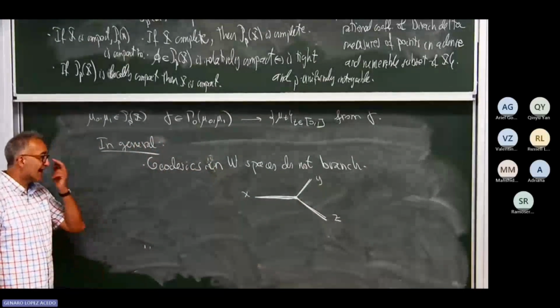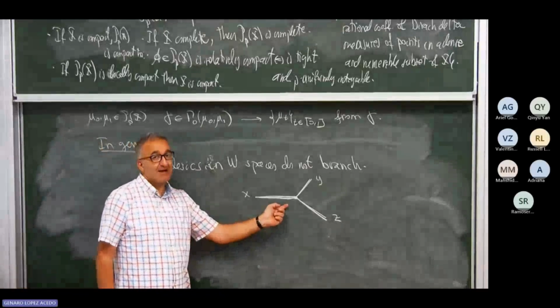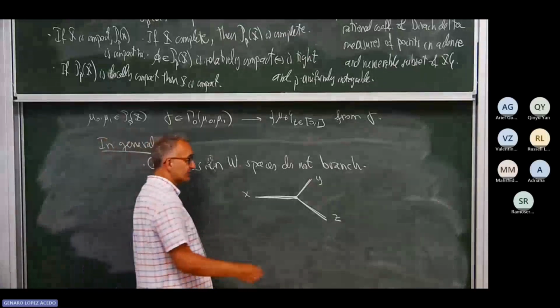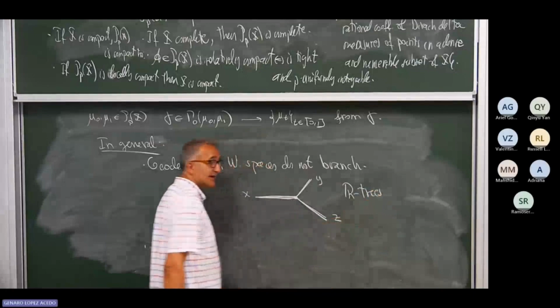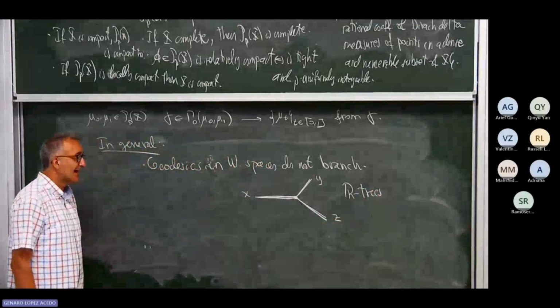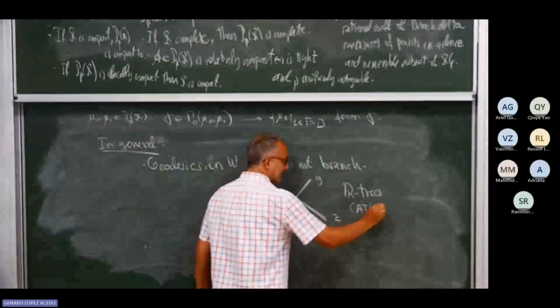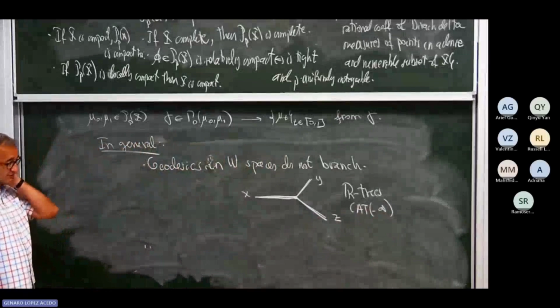And where does this branching of geodesics happen? These branching geodesics are associated with R-trees, right? They are very common in R-trees, which are associated to CAT spaces. If we are talking of CAT spaces, it would be CAT of curvature minus infinity.